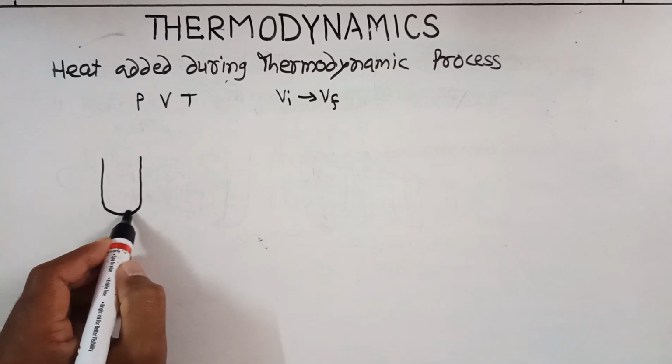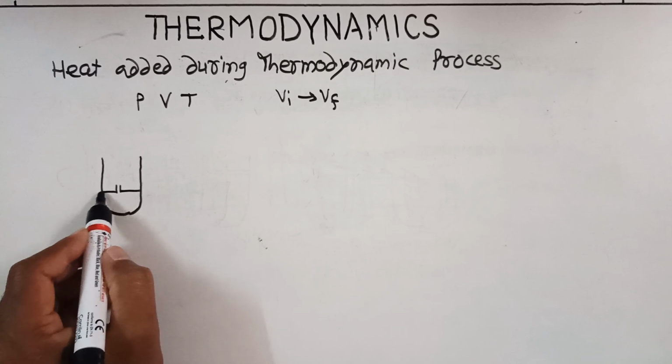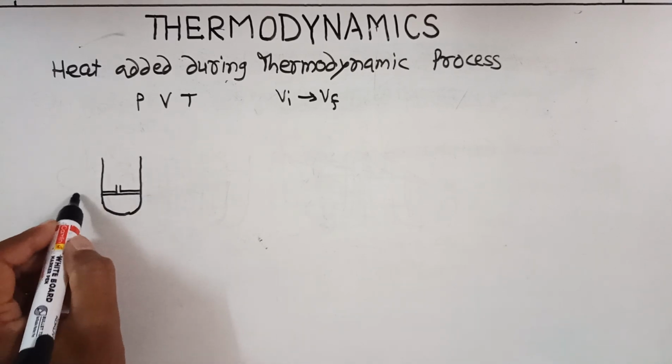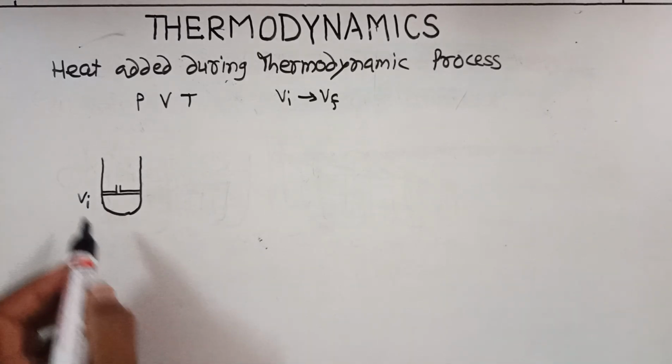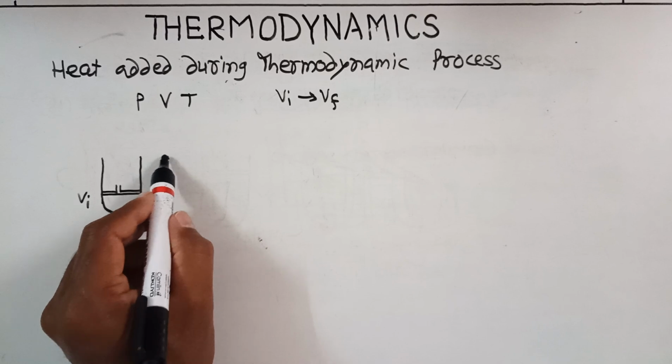Let us consider a cylinder. This cylinder has a movable, frictionless piston, and gas is enclosed in it. Suppose Vi is the volume of this gas enclosed in the cylinder.